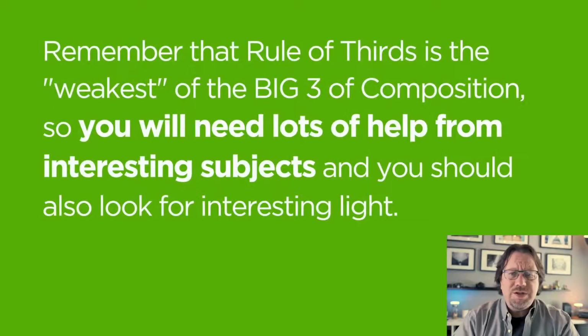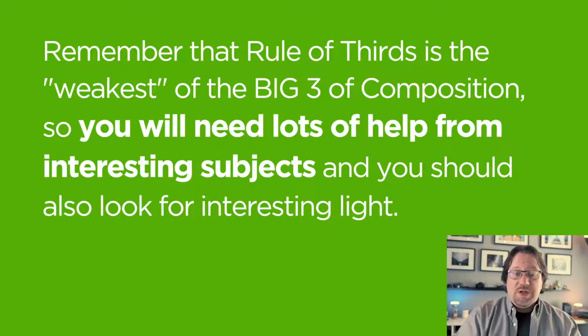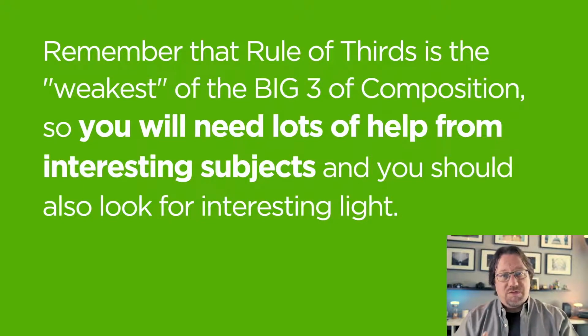And here's the biggest part of rule of thirds, and I really want you to pay attention to this part. Rule of thirds by itself is the weakest of the big three. You can't just use rule of thirds and be guaranteed or have a better chance of creating an interesting photo. You need more help from the subject and from light, okay?